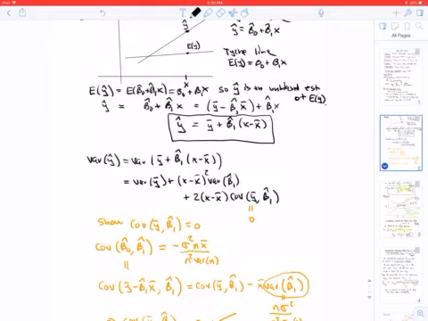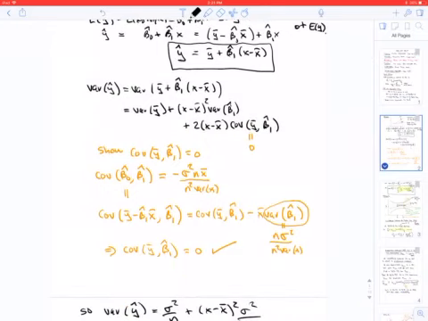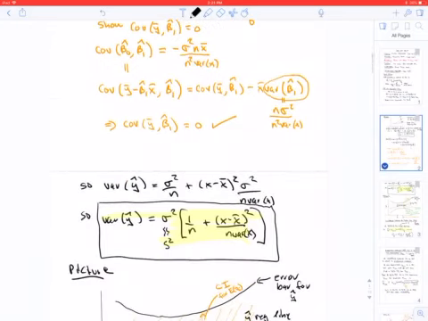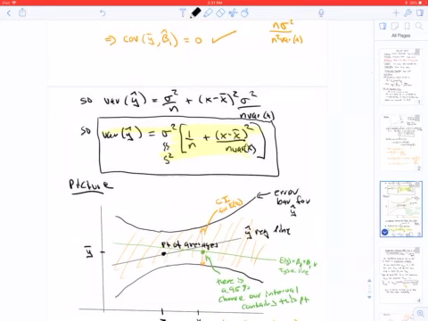And then I can write out the variance of y hat as the variance of y bar plus now the variance of beta 1 hat, and this x minus x bar pulls out as a square. And we have a covariance term which turns out to be 0 by some algebra shown here. So in conclusion, we have a formula now for the variance of y hat.